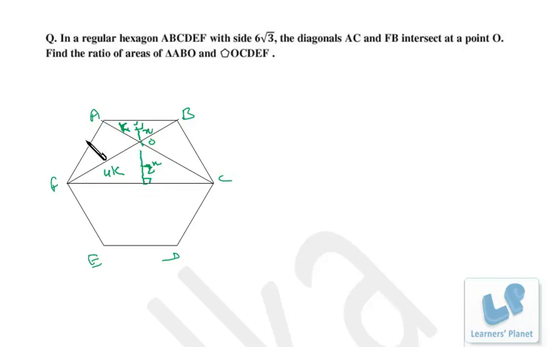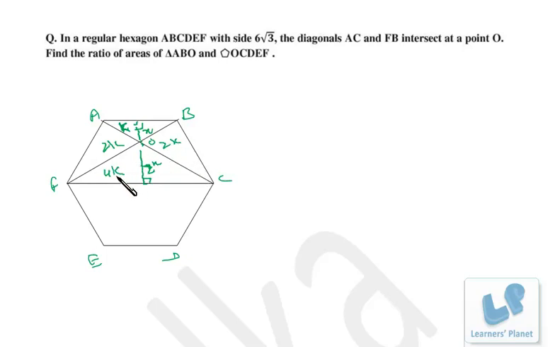So area of triangle AFB will be 3 times area of triangle AOB, right? So if area of this is K, then area of AFB will be 3K, right? AFB is 3K, that means AOF must be 2K, obviously. If it is 2K, it will also be 2K, right?